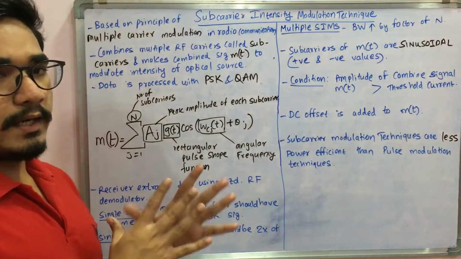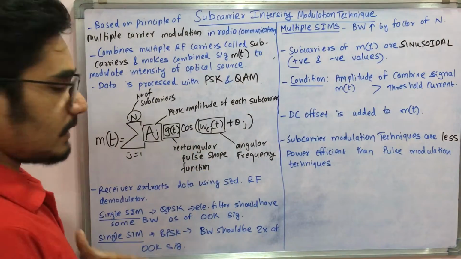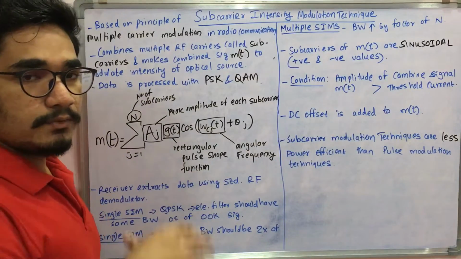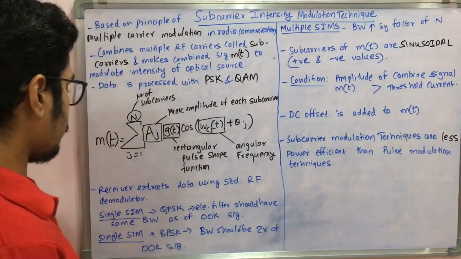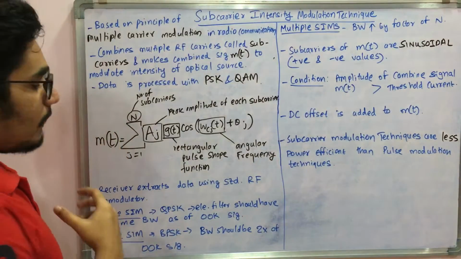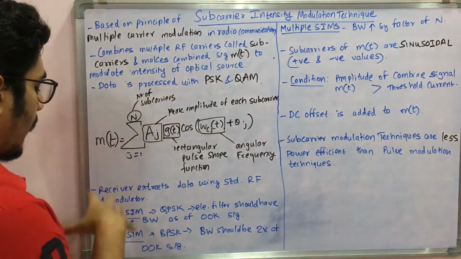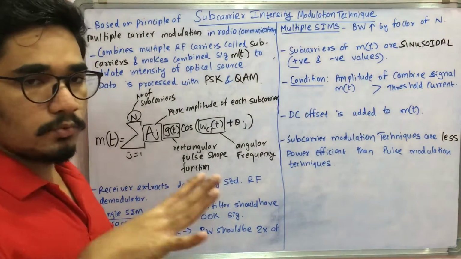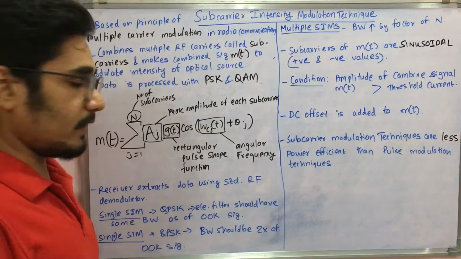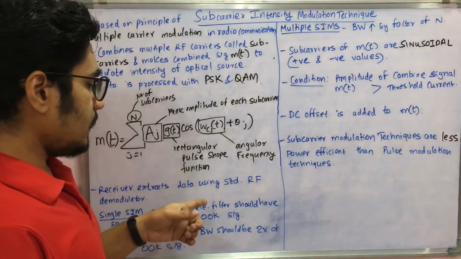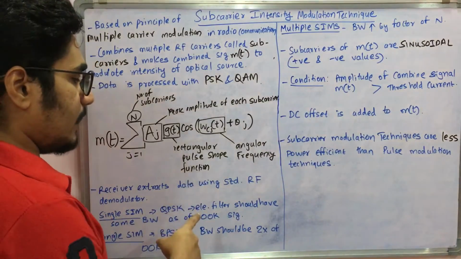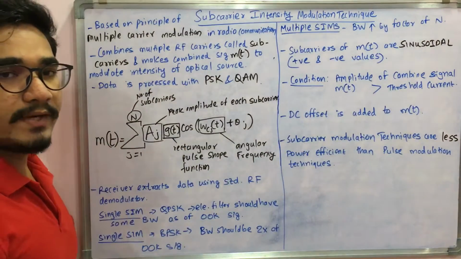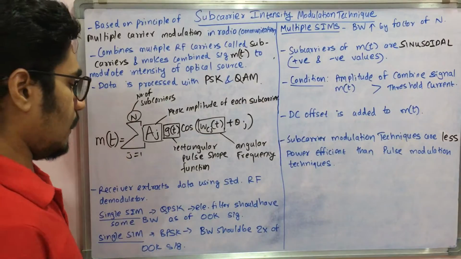This is how the transmission takes place with the help of this signal. Then we have the receiver, which extracts the given data using a standard RF demodulator. In that demodulation we have two cases. If a single subcarrier intensity modulation is used with quaternary phase shift keying (QPSK), and an electrical filter is kept there, it should have the same bandwidth as the original OOK signal.